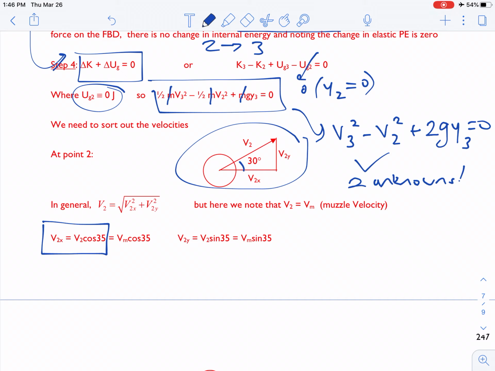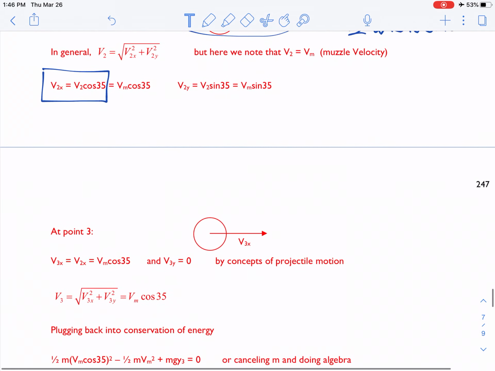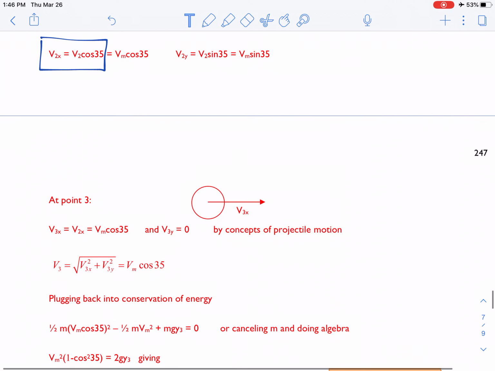Rearrange it for v2x, this is what you get. And you can also write down v2y in the same form. But since x components are the key to relate those two points' velocities, I'm going to focus on that. This is how you write the y component of v2.